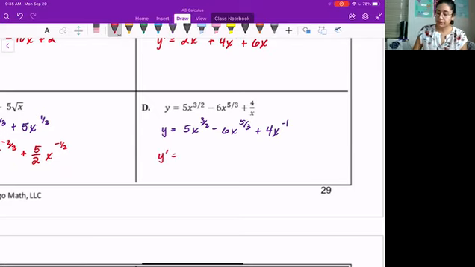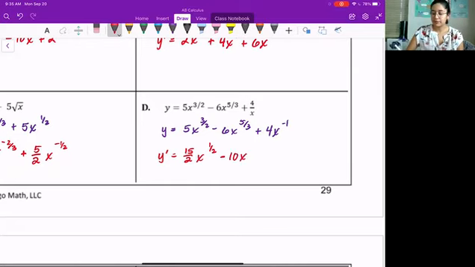Y prime equals. Okay, so 5 times 3/2. Well, 5 times 3 is 15, and that would be over 2. 3/2 minus 2/2 is 1/2. Okay, now I have 6 times 5/3. 6 times 5 is 30, divided by 3 is 10.